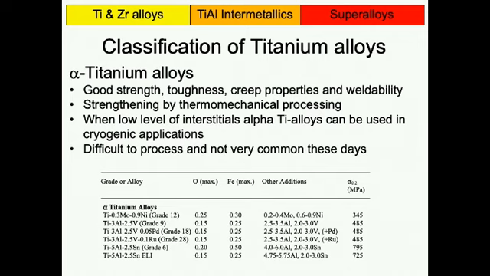You can also see there is some vanadium here. This is actually a beta stabilizer, but it's so little that it doesn't become a two-phase alloy. It's still classified as an alpha titanium alloy, because at room temperature you might have a tiny amount of beta phase again just to mitigate any issues with hydrogen, but it's not really a two-phase titanium alloy.